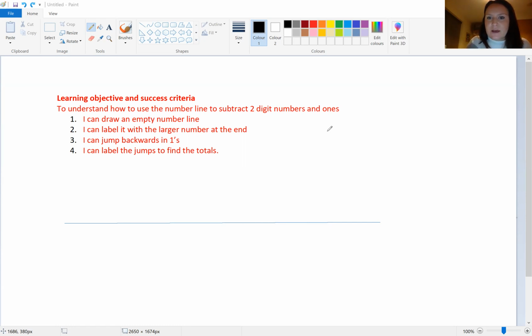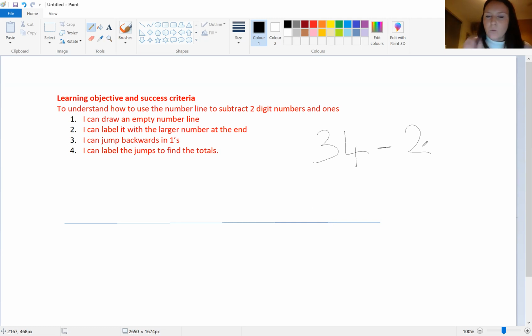Let's start off then with 34 subtract 2, a nice easy one to start with. So first thing I'm going to do is draw my empty number line. Remember, neat presentation, just like we would in class. Your number lines always looked beautiful, so try to do the same thing at home for me, please.